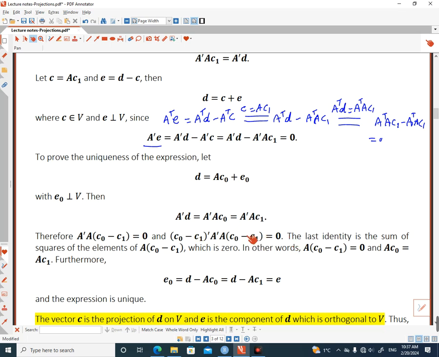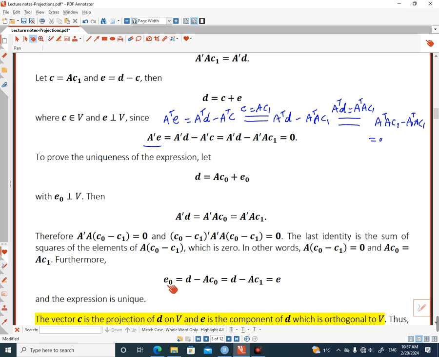But this equality is actually the sum of the squares of the elements of this vector. So the sum of squares of elements is equal to 0, from which we can conclude that the elements are equal to 0. So we can understand AC0 is equal to AC1, which shows the uniqueness for the first part.